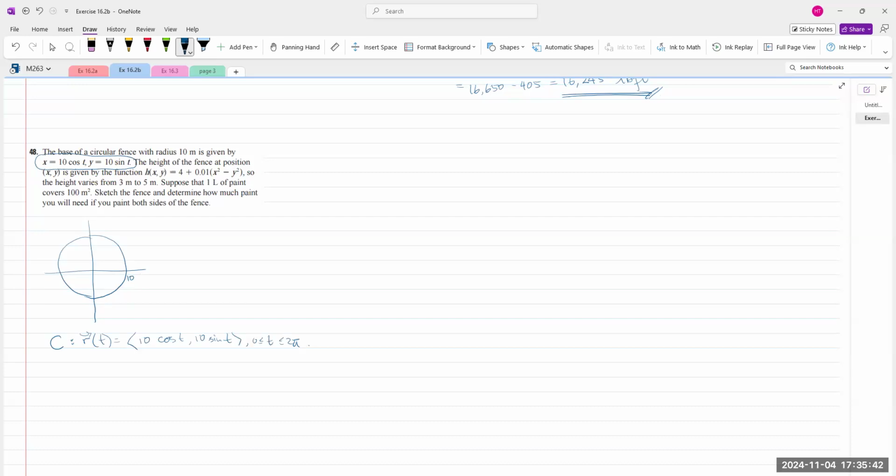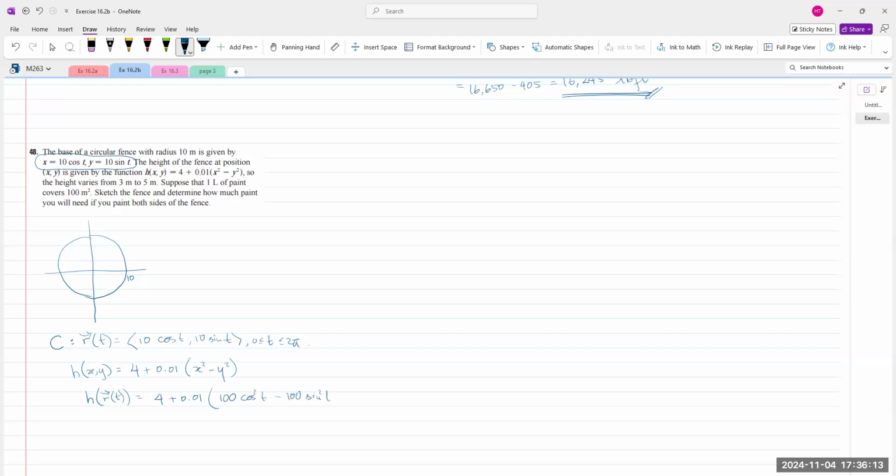The height of that fence is given by 4 plus 0.01 times x squared minus y squared. If I parameterize that by t, it will be 4 plus 0.01 times 100 cosine squared t minus 100 sine squared t.